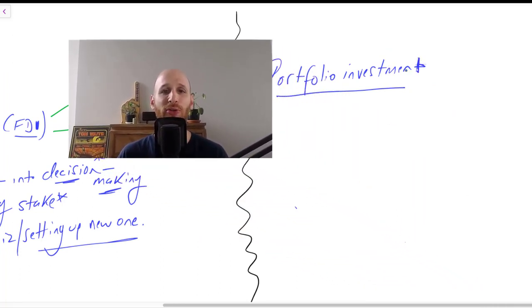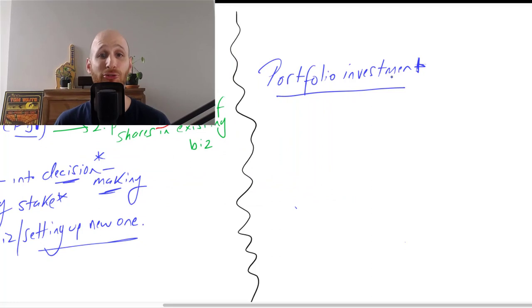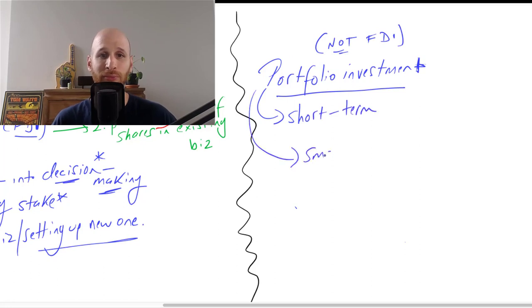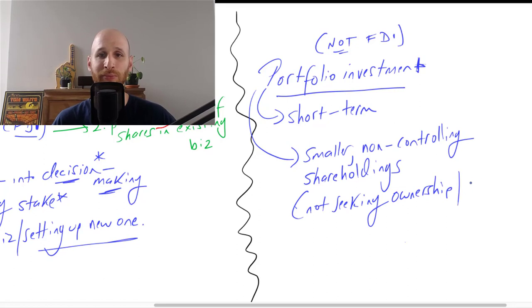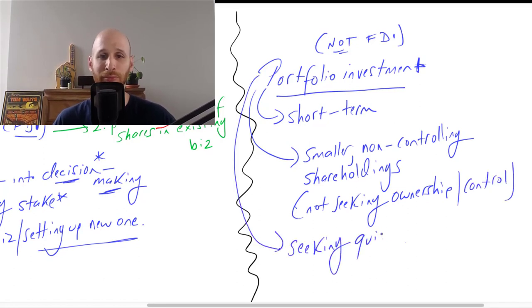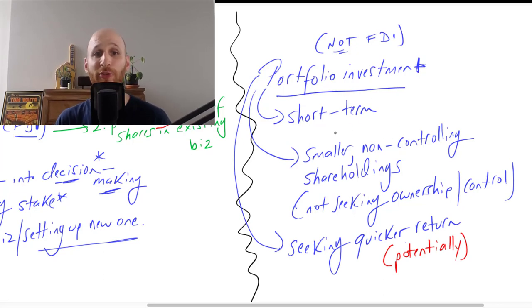So now we're looking at portfolio investment. And remember, we're still looking at the idea of financial flows. This is just a different type of money moving around to FDI. So portfolio investment is more short-term than FDI. They're not looking to stick around for a long time in terms of creating or running a business.